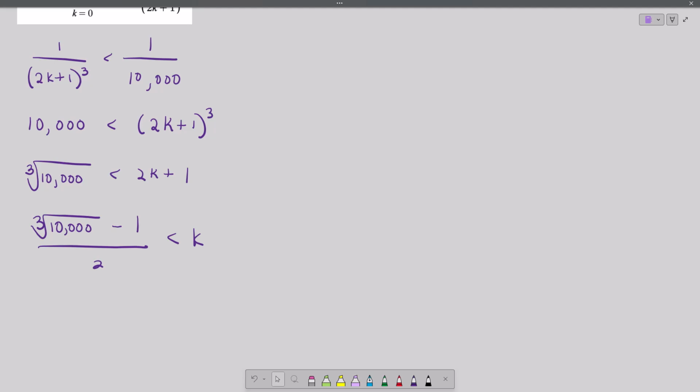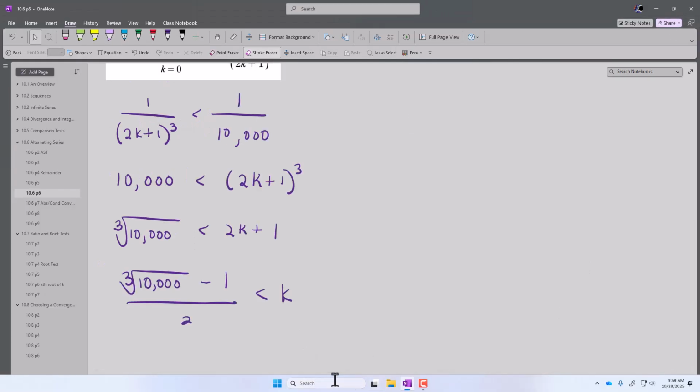K equals 5. What'd you end up with? 5? Let's see. That one, I don't know anyone that's going to be able to do that one in their head.